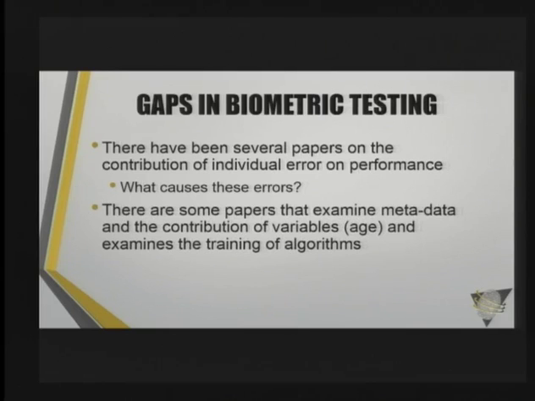What it doesn't tell me is who in the room is contributing most of that error into this system. So what we want to do with respect to our testing is to figure out the individual contribution to error on performance. There are also some other papers, and obviously this is of interest, on what kind of metadata are out there, the contribution of these variables, and how they impact performance.